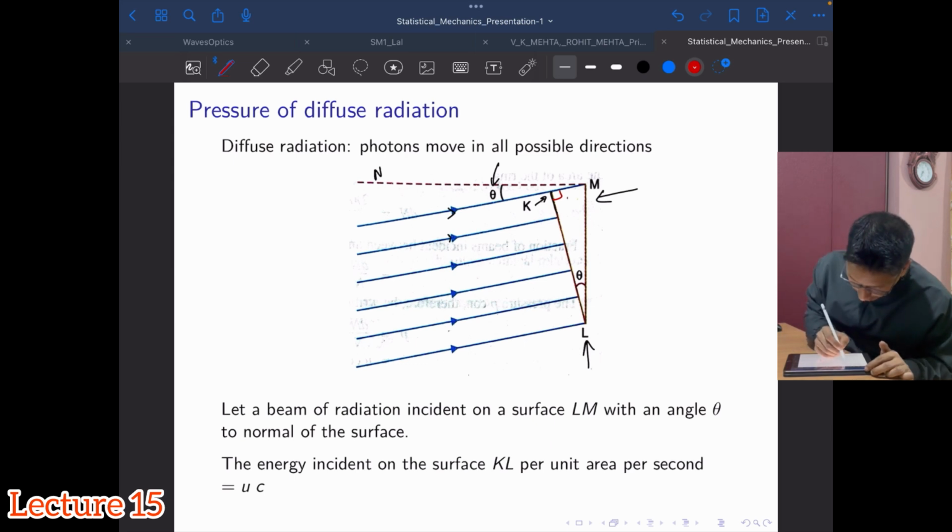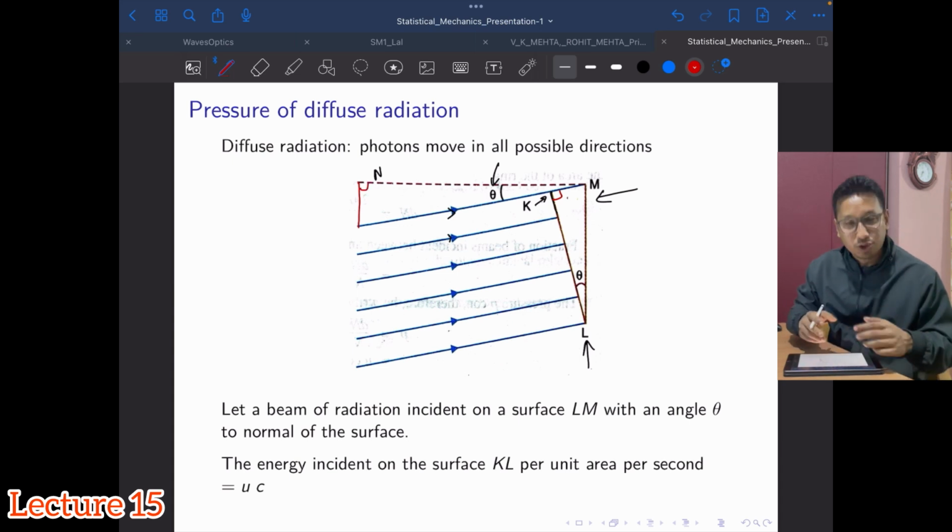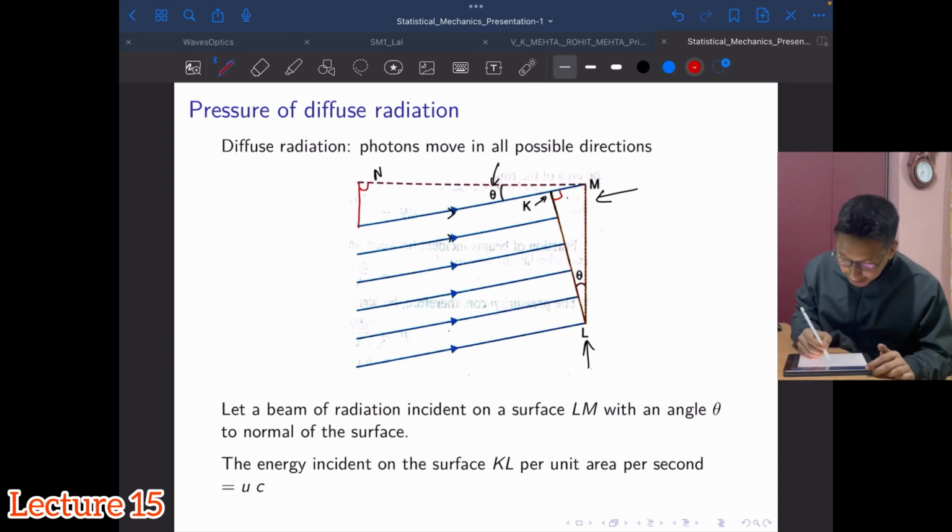Similarly, I can draw a rough triangle, so this will be 90 degrees. I'm just trying to show why this angle KLM is theta. If you apply the laws of parallel lines, this line and LM are parallel, so this angle will be equal to this angle.